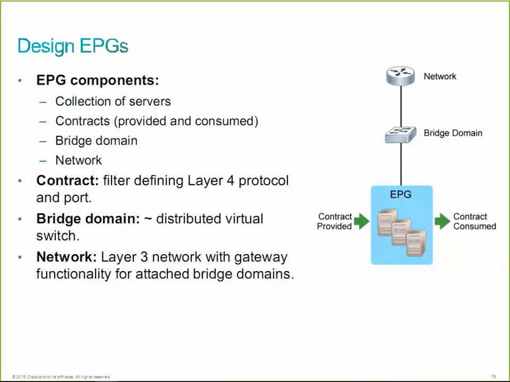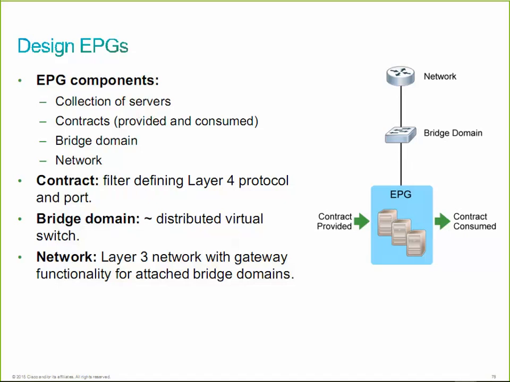We talked about that on the previous slide. So the EPG itself acts as a container for the collection of those applications or application components, the application endpoints, and the application tiers. Anything that has to do with the particular application.